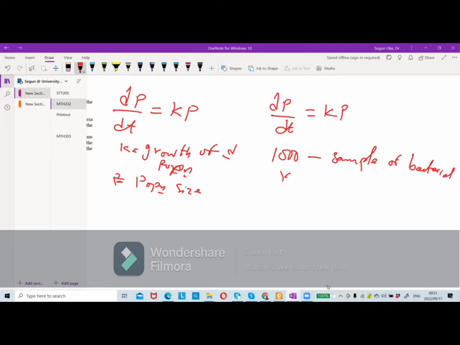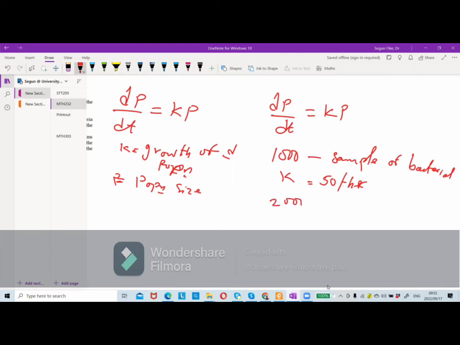Then at what rate are they growing? Let's say 50 per hour. They are multiplying, they are growing, you know, it's a bacteria. So if I increase the population size of that sample, automatically the growth rate will also increase.